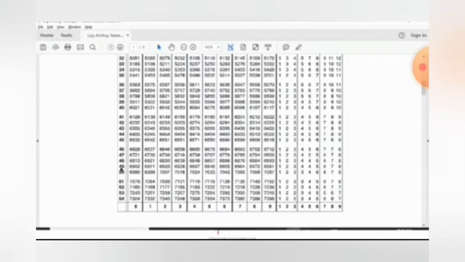In the mean difference column you can see 1, 2, 3, 4, 5, 6, 7, 8, 9. Here the value is 1. Therefore, the value corresponding to the mean difference 1 is taken when you move across the number 49.